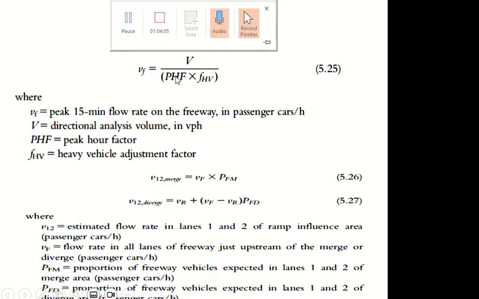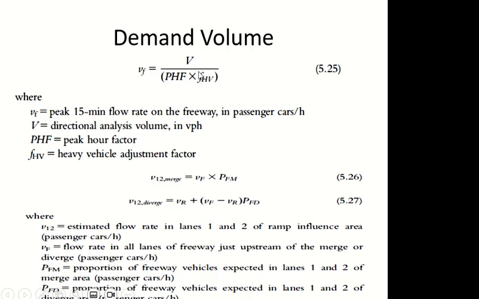This is the flow rate equation. Vp is flow rate. So when we are calculating Vp, we were doing V upon peak hour factor into FHV into something. What is that something?